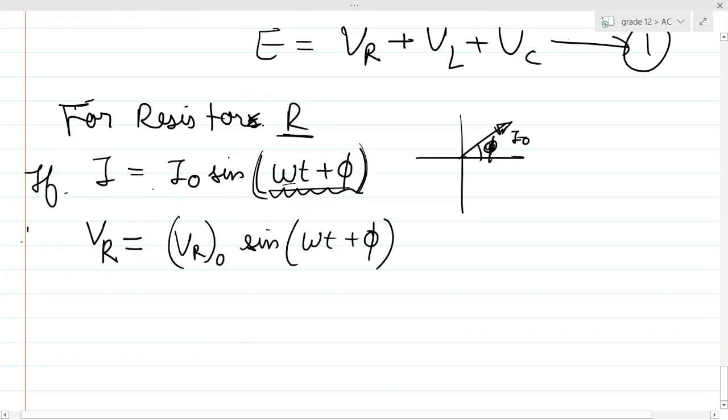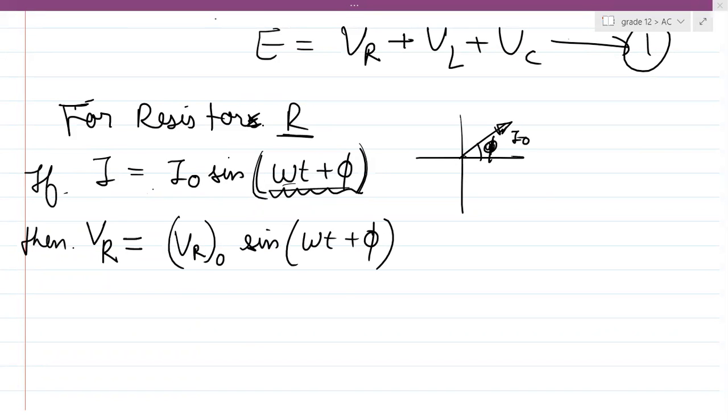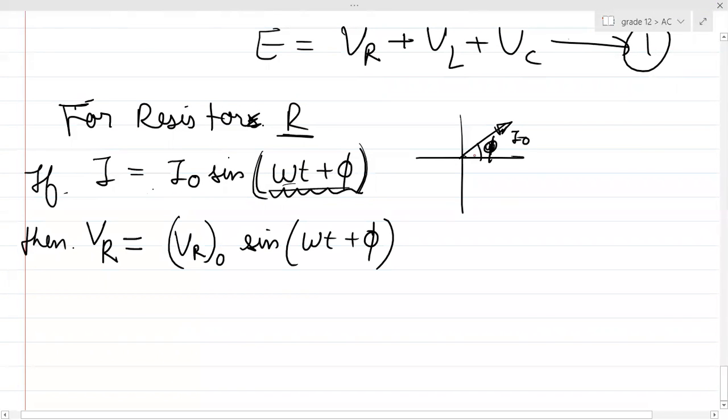If I is basically this, then VR should also be this only. That implies VR should be like this, in the same phase at t equals 0. At t equals 0, you don't need to draw this omega t thingy. At t equals t, if you want to draw, then you have to draw it.